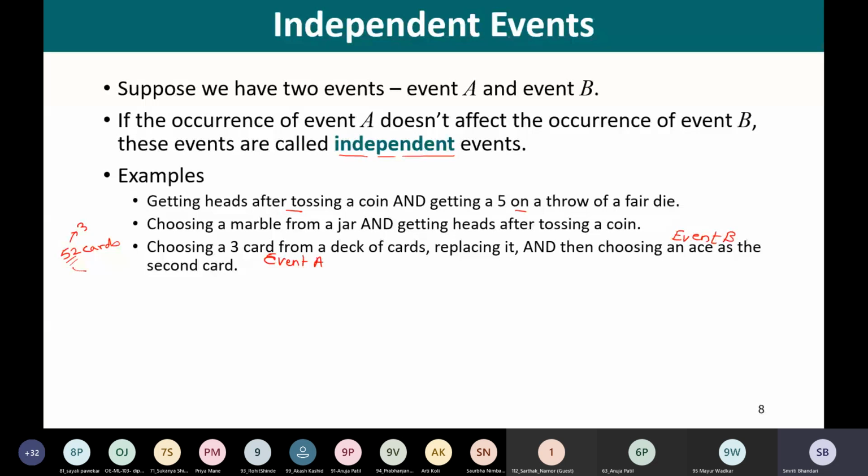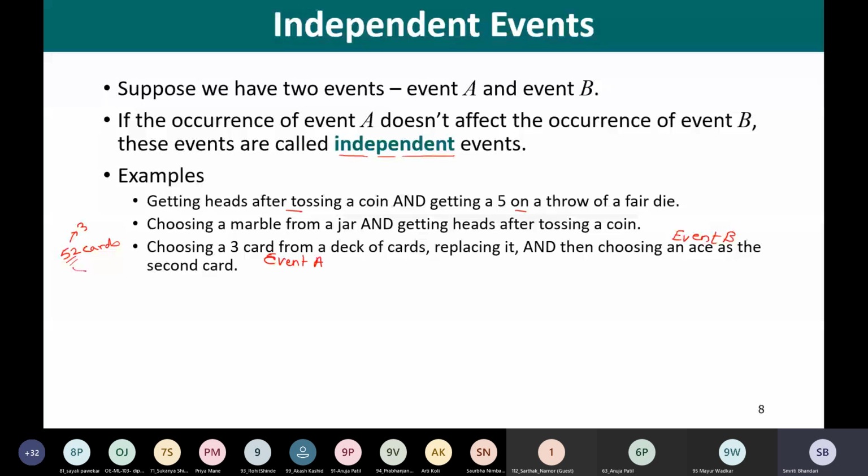So whenever I go for event B, that is choosing an ace, I'll be choosing an ace out of 52 cards. So I have the entire deck. Whether in the first event I have got card number 3 or any other card, it is not affecting the outcome of my event B. Are you getting me?